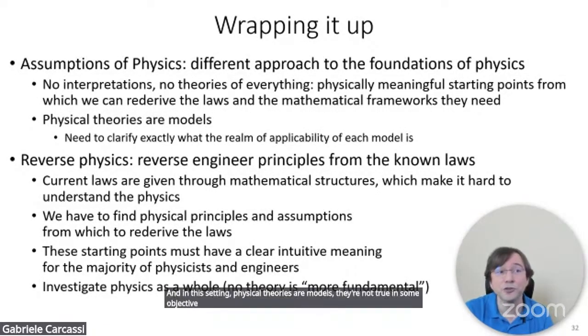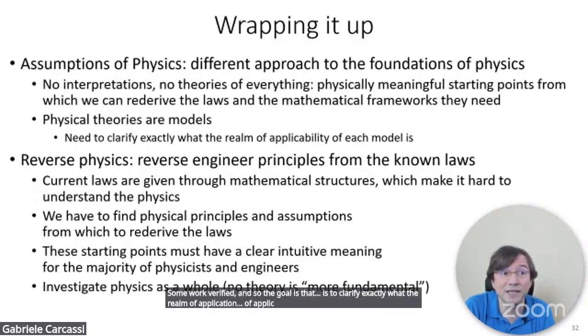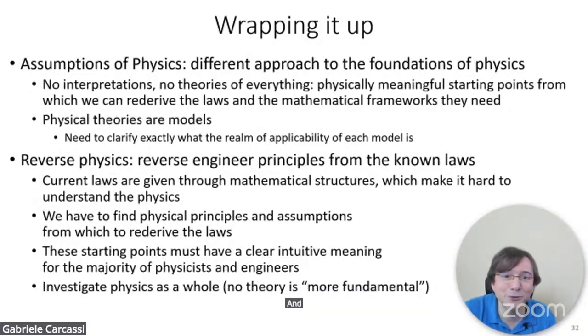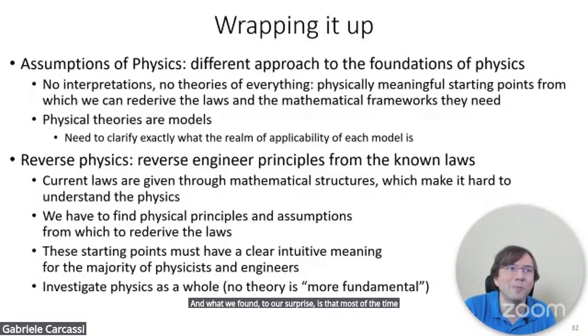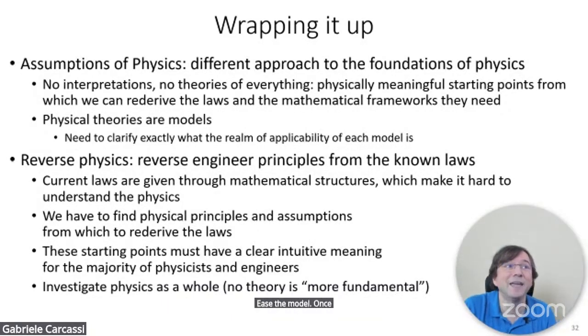They are useful in cases where the assumptions underneath the models are somewhat verified. So the goal is to clarify exactly what the realm of applicability of each model is. And what we found, to our surprise, is that most of the time, the realm of applicability of the model is the model. Once you specify the conditions in which the models apply, you find the physical theory.